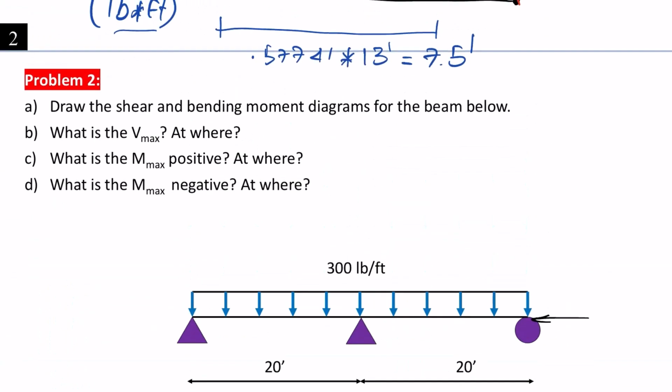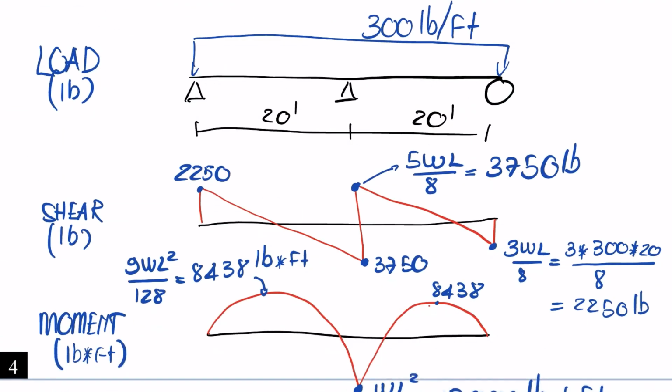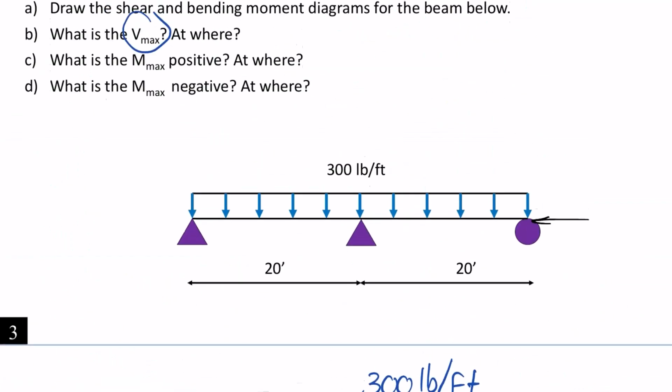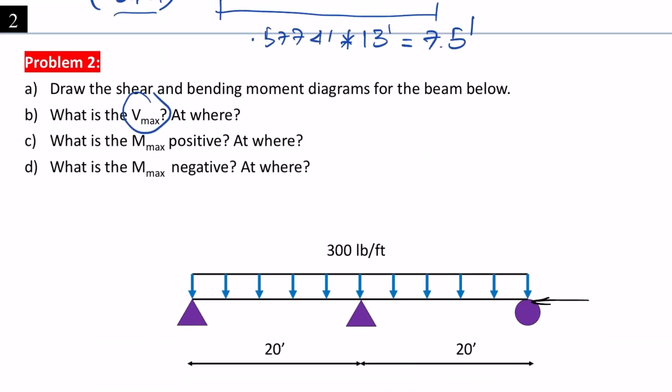For question B, what is the Vmax? So look at the diagram over here. We can see that Vmax is 3750 pound.